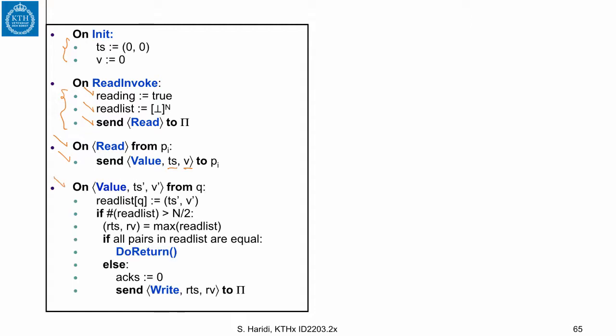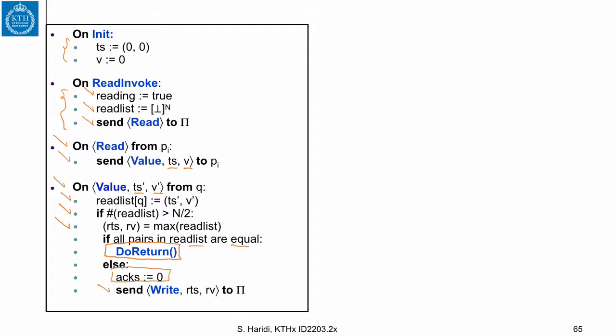And now, at the requesting process, when it gets a timestamp and a value, it adds it to the read list. When it gets a majority, it picks the maximum value. And if all pairs in the read list are equal, it is going to do this special return, the return that has to wait for a while. Otherwise, it sets the acknowledgements to 0 and does a write.